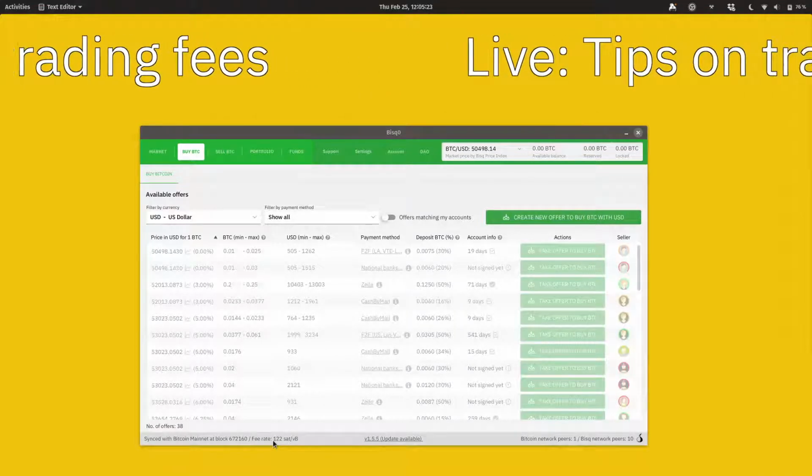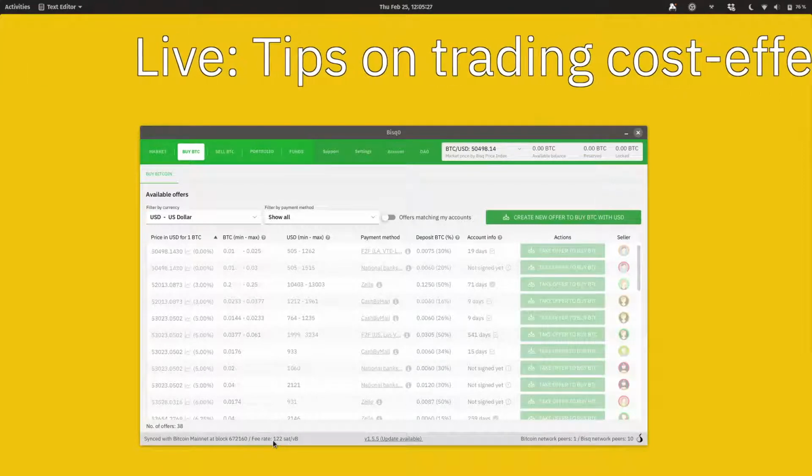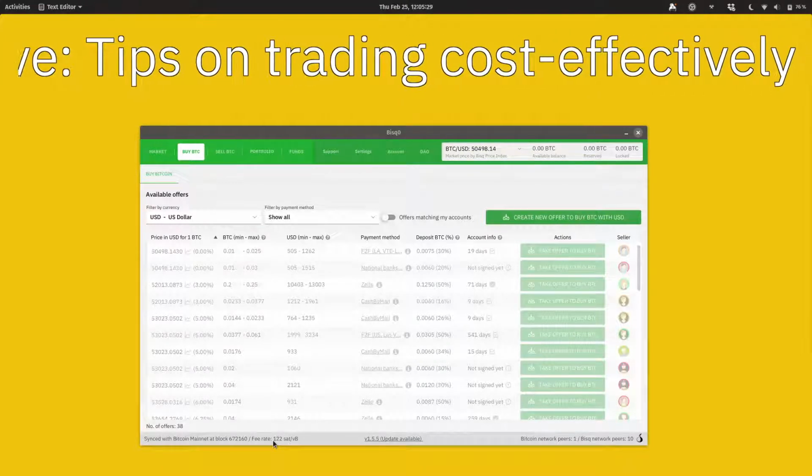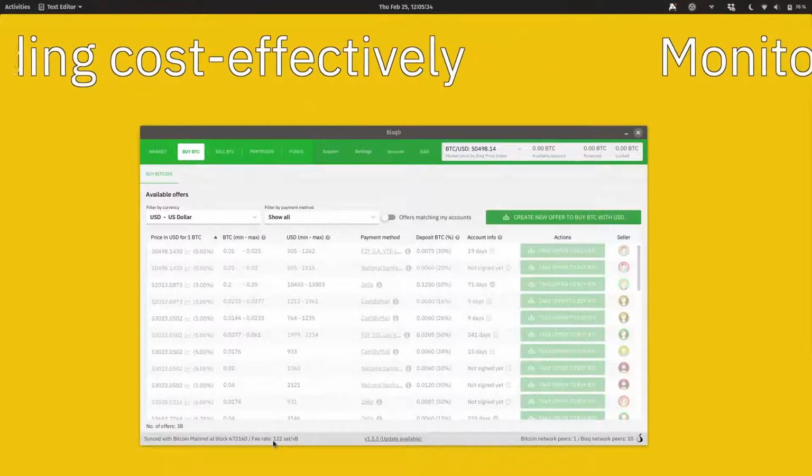And the reason I mention this is probably basic for most of you guys watching, but each Bisq trade involves 4 on-chain Bitcoin transactions.